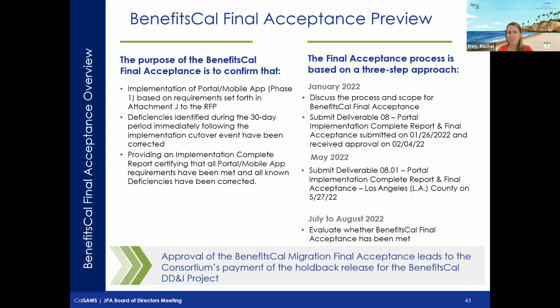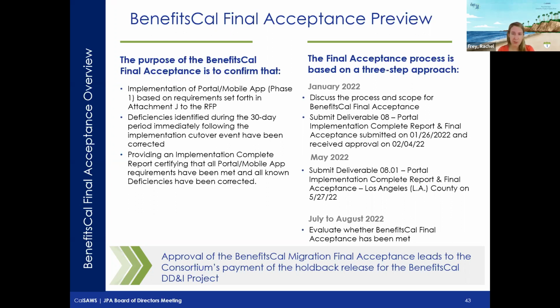I had mentioned that there was a little bit of a divide in the way that the final acceptance was done. Originally, it was planned for final acceptance to be associated with a September release, to be completed in the 30-day period post the September release. We did submit a report that coincided with the C4 counties onboarding to Benefits Cal.